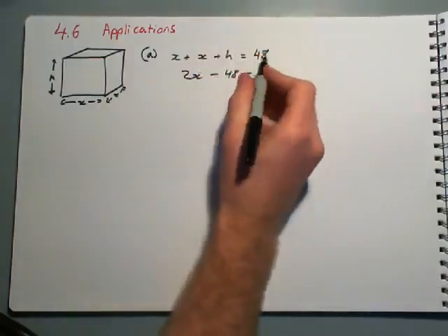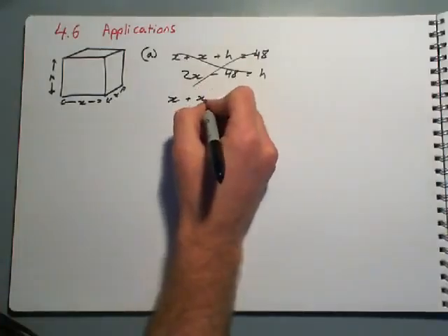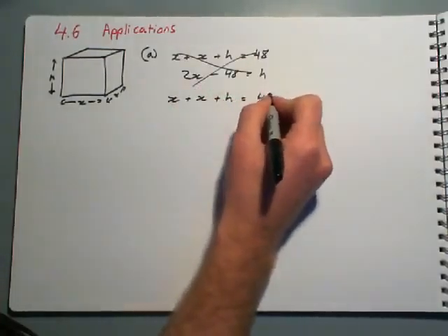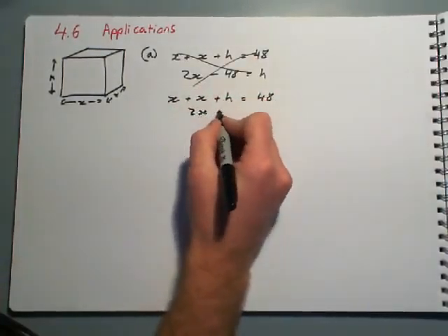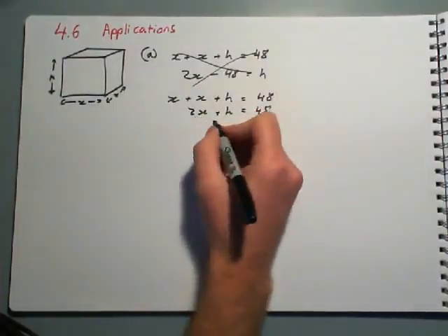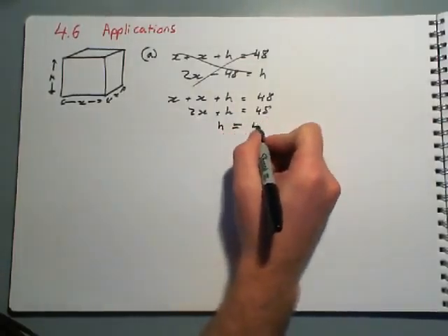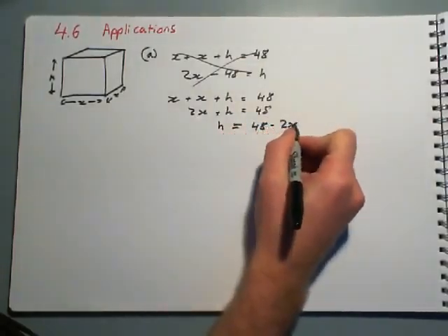Scrap that. x plus x plus h equals 48, so 2x plus h equals 48. Now we want to take 2x over there because that'll give us a positive h: h is equal to 48 take 2x.